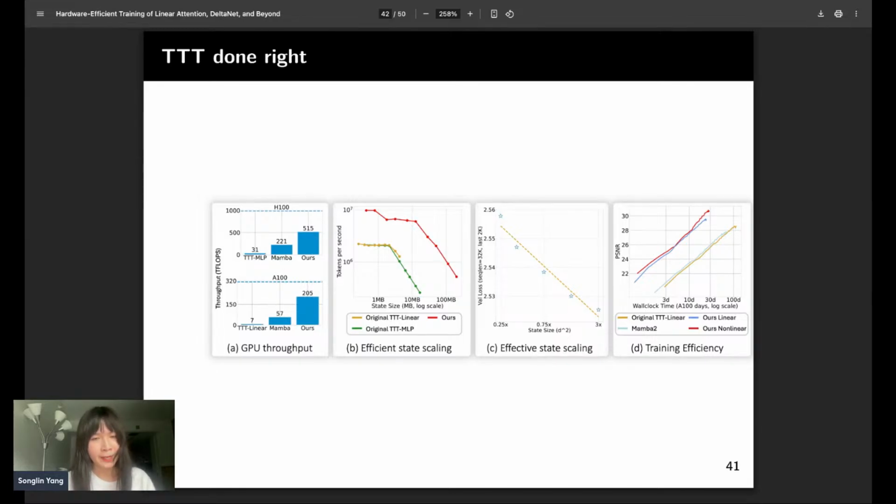So by using this large trunk TDT framework, it allows us to better scale up the recurrent state size. And also we can use other fancier optimization techniques, like in this work, we use Muon, a new emerging optimizer, to do this online gradient descent. And this is the work of TT downright.